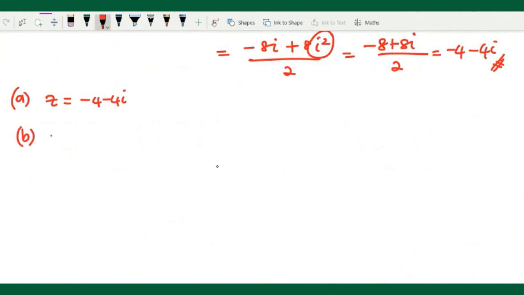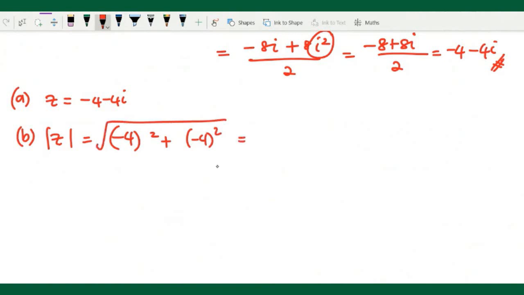So modulus will be modulus z, so negative 4 square plus negative 4 square, which you should end up having 16 plus 16, set 32. Okay, should be simplified. We can simplify this as 16 kali 2, 16 times 2. Kita nak dalam bentuk square number lah. Okay, so square root of 16, which will be 4 set 2. So the answer for this part will be 4 set 2.